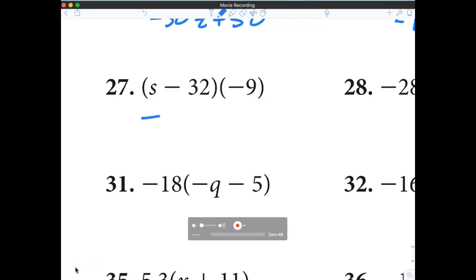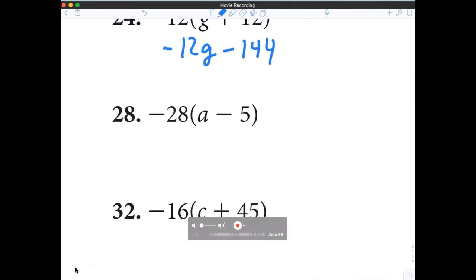Negative 9 times s equals negative 9s plus negative 32 times 9 is positive and plus 288. You're awesome, buddy. That's a good job. Positive 288.